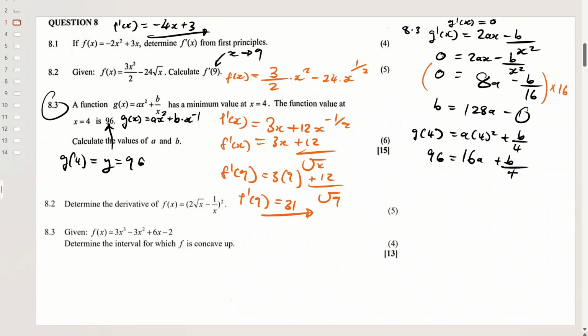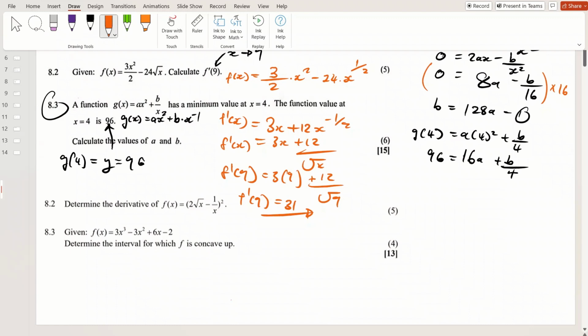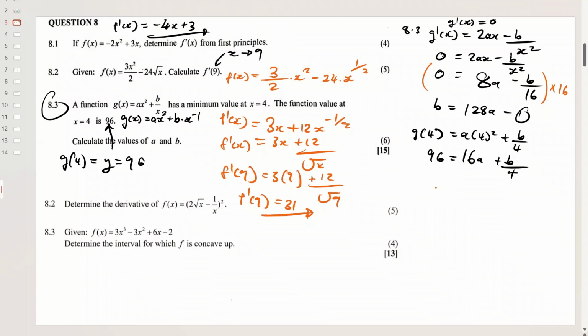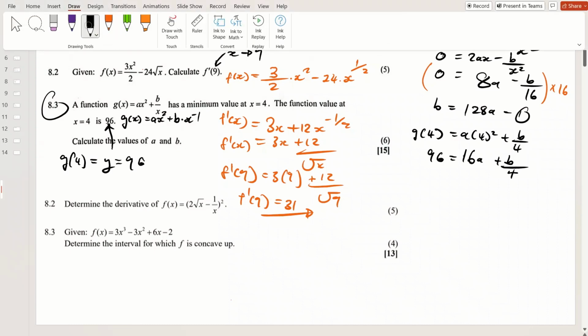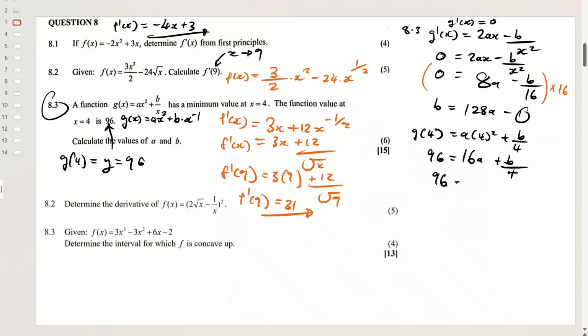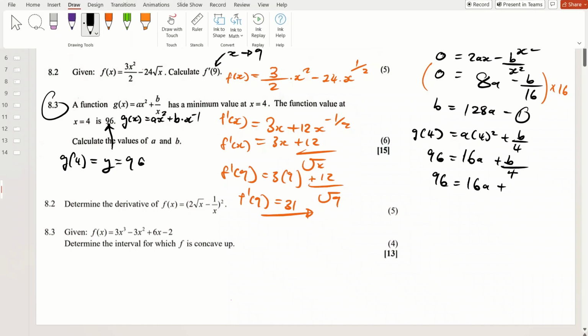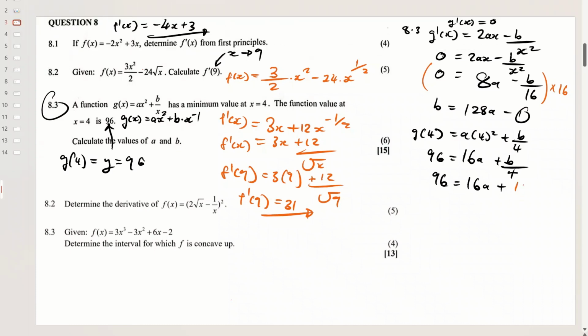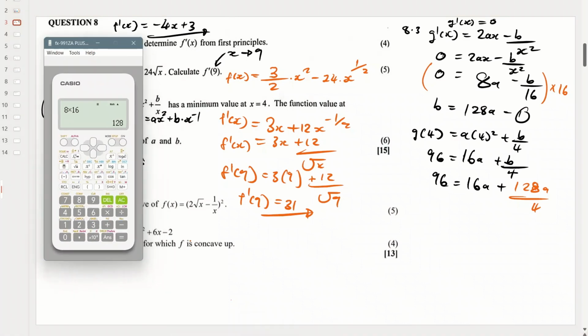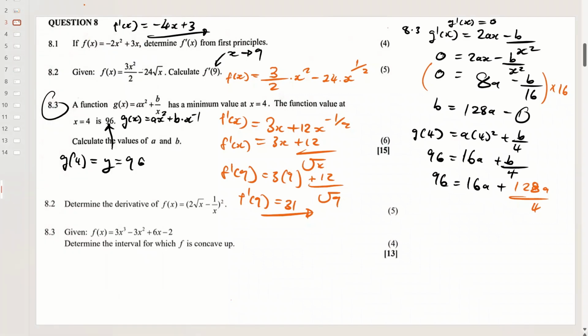Okay, let's just make the substitution. Let me just bring that back. So you have 96 is equals to 16a plus b, which is 128a, all over 4. And then let's see, 128 divided by 4, that's 32.